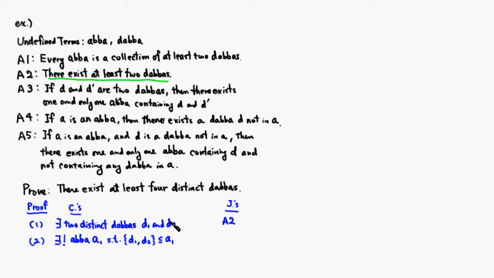How about that? This comes from A3. So we have two dabas, and one aba, A1, containing both.